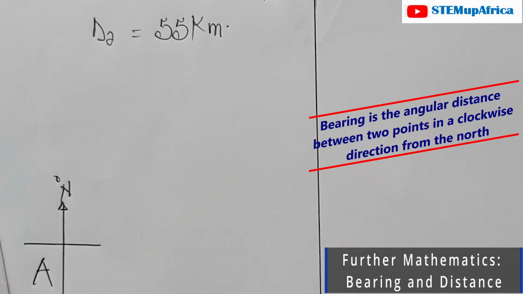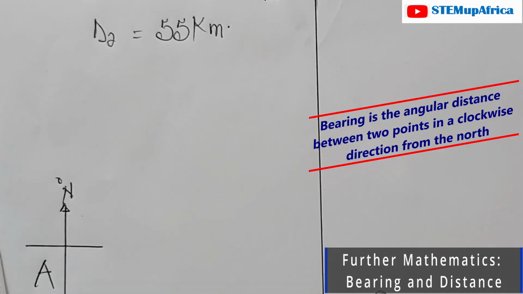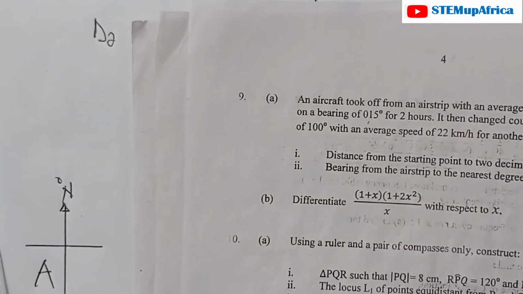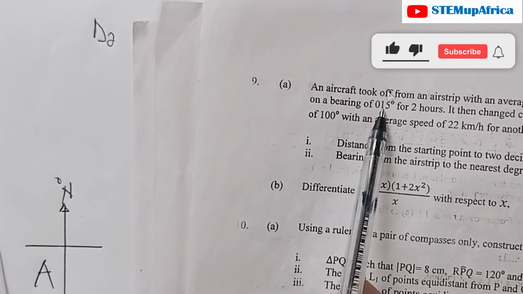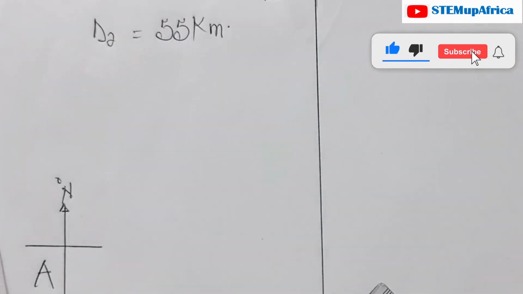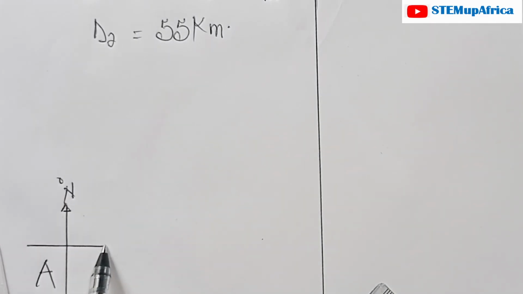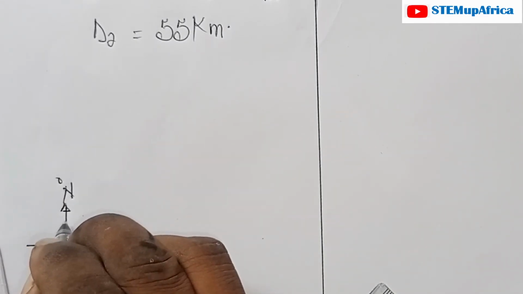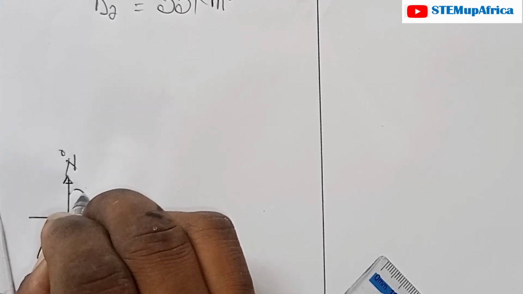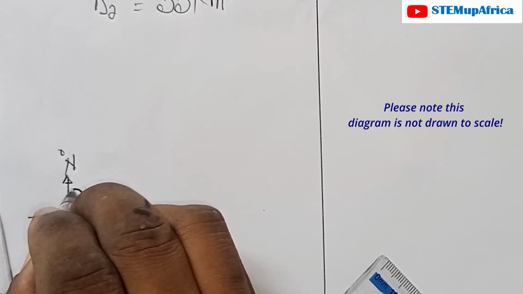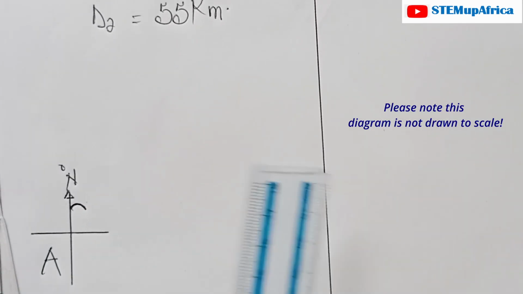So we all know by definition, bearing is the angular distance between 2 points in a clockwise direction from the node. That's why I will trace my bearing from this node. And the first bearing given to us from the question is 015 degrees. So let's trace 015. Every quadrant is 90, so the whole of this point is 90. So 015 will be, let's assume, from here to here. Please note, this diagram is not drawn to scale.